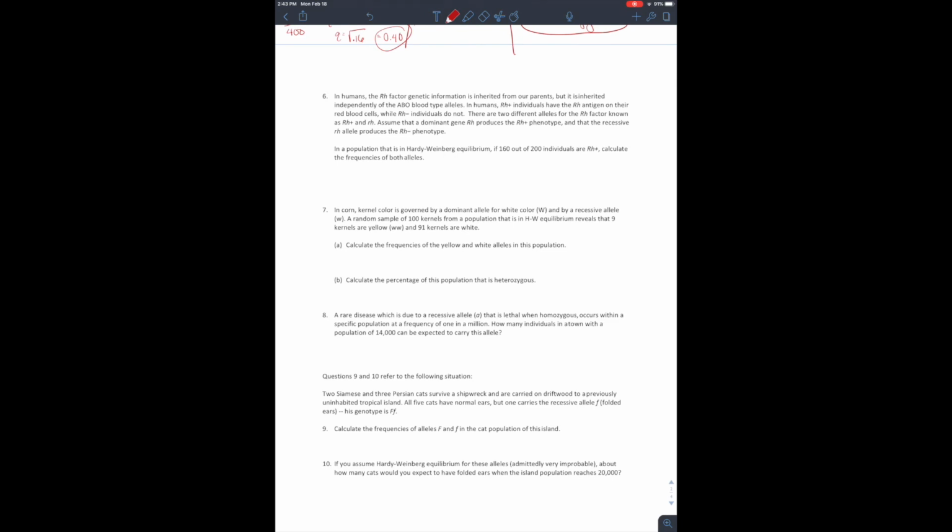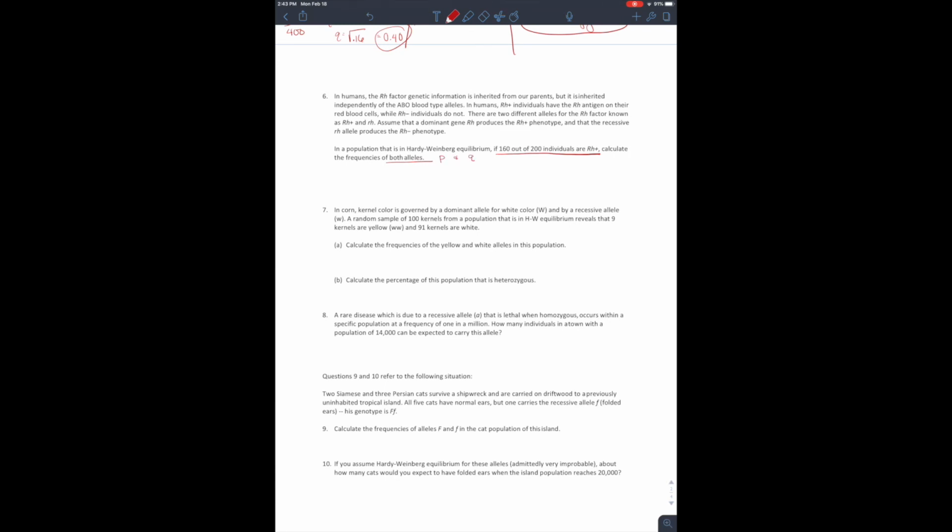Assume the dominant gene, Rh plus, produces the Rh plus phenotype, and the recessive Rh minus allele produces the Rh negative phenotype. In a population that is in Hardy-Weinberg equilibrium, 160 out of 200 individuals are Rh plus. Calculate the frequencies of both alleles. So we are calculating P and we are calculating Q.